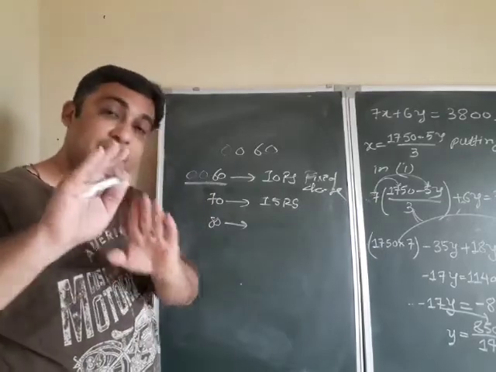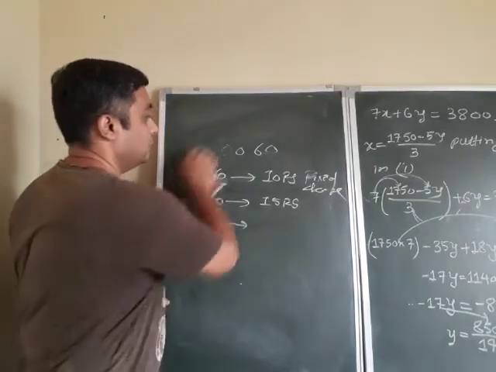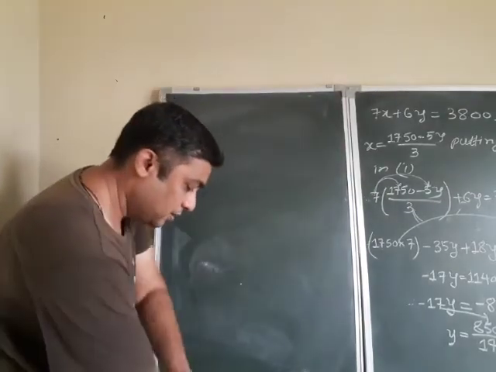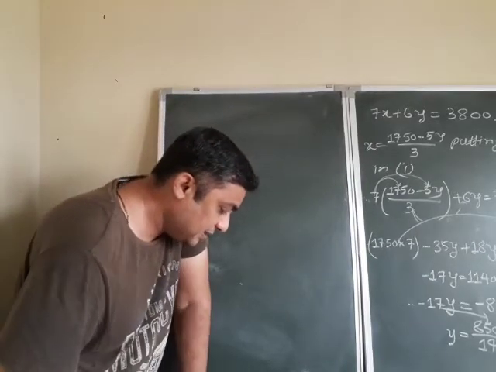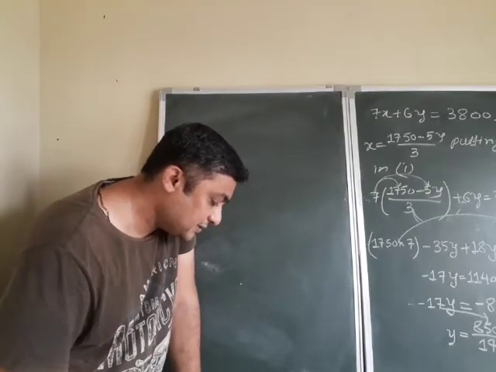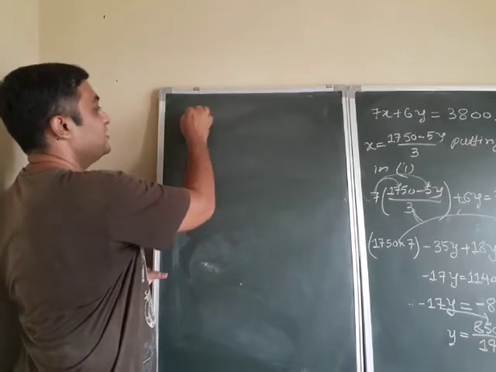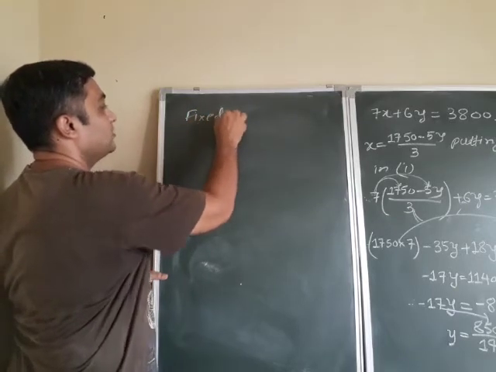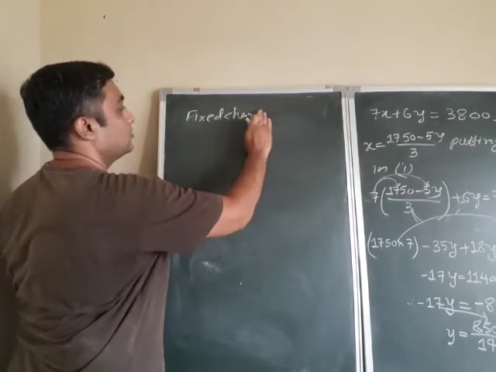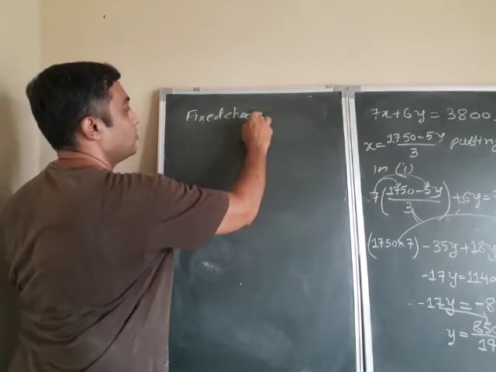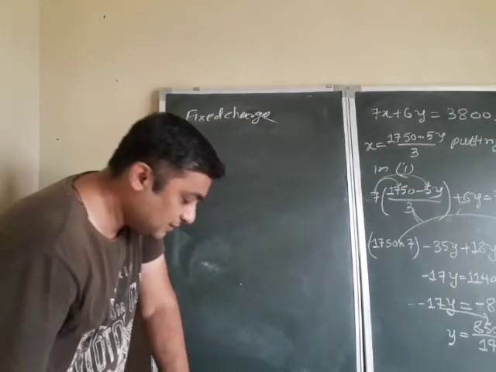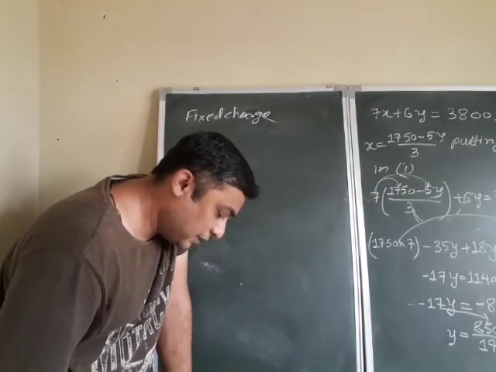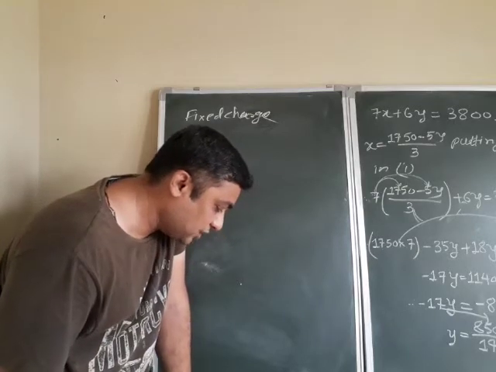Okay, so now read the data carefully. See here: the taxi charges in a city consist of a fixed charge, together with the charge for the distance covered.